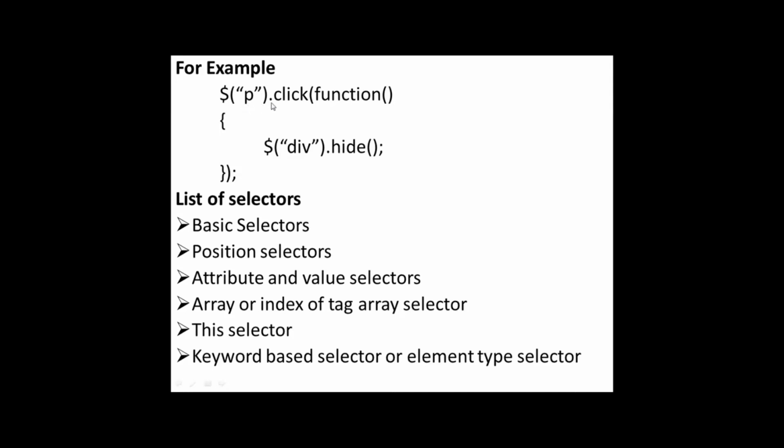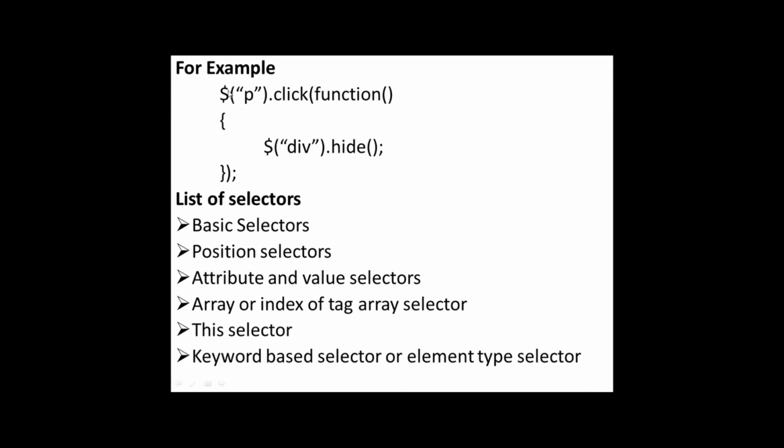When the user clicks on a paragraph, it will call the click event, and while the click event occurs, inside the click event block I have mentioned a div as a selector, and that div will be hidden, and this hide is an effect. So I use a selector with the click event, and I use a div selector with the hide effect. In this way we write selectors.